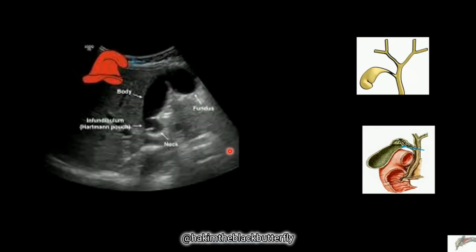In this image, you can see a bit of variations. Variations basically mean differences in the structure or arrangement of a particular organ of the body.